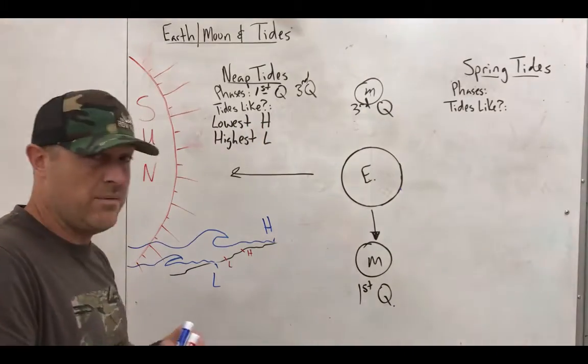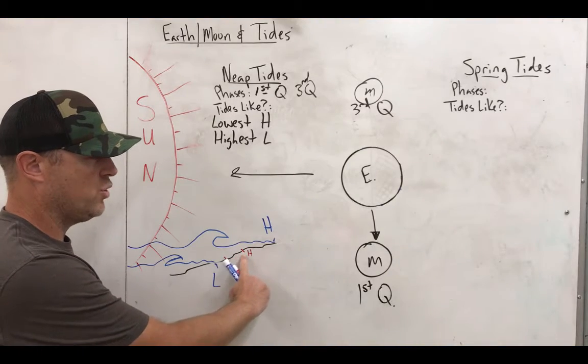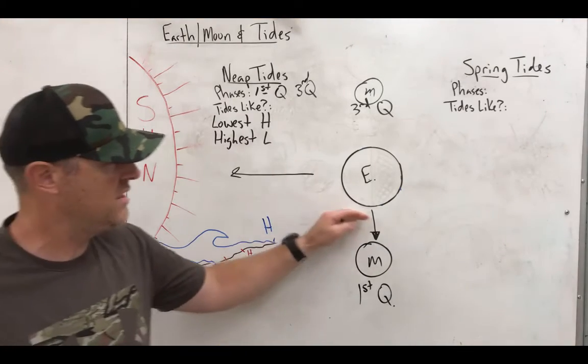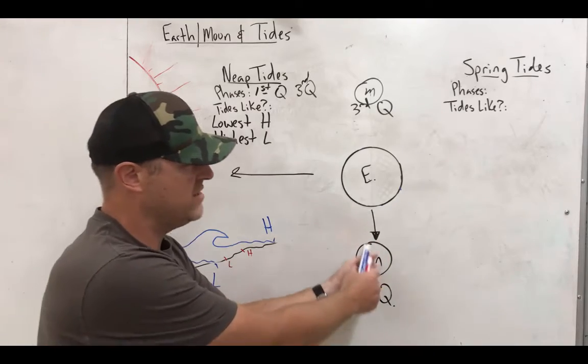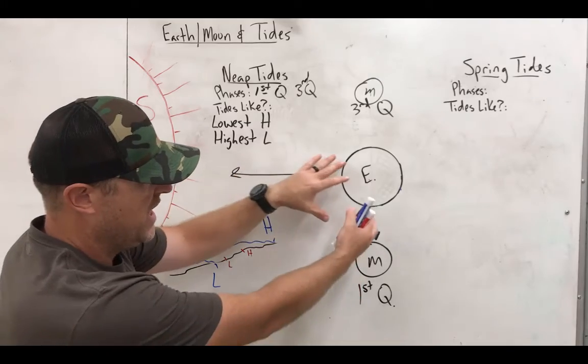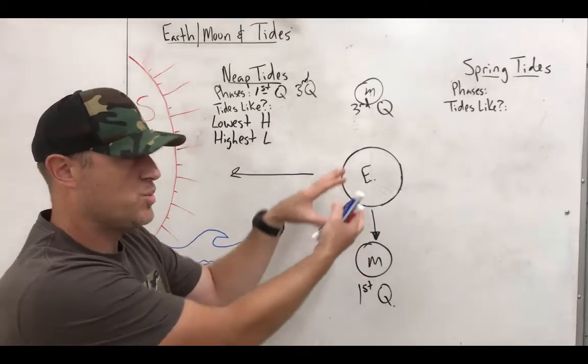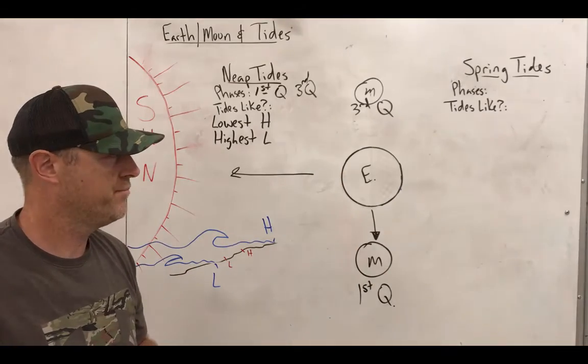Okay. What does that mean? Again, the shore doesn't go up and down very much, and it is because the moon is canceling out. It's pulling on the water that the sun is trying to pull, and so it doesn't spread that water out as big of a bulge that we talked about.